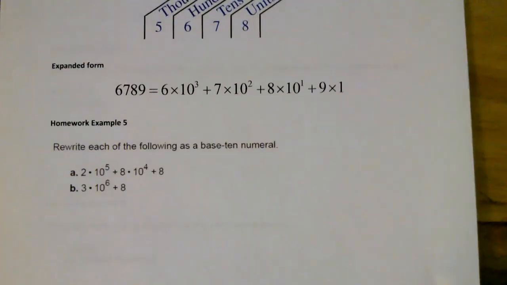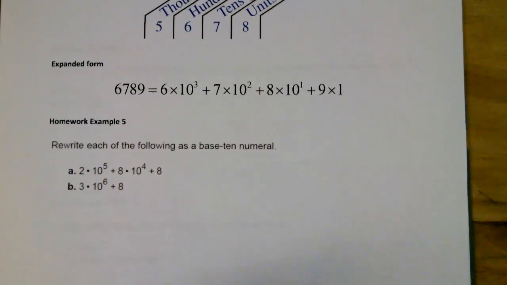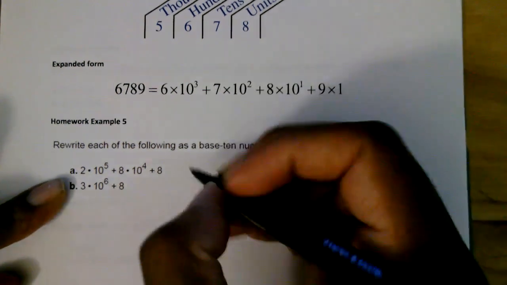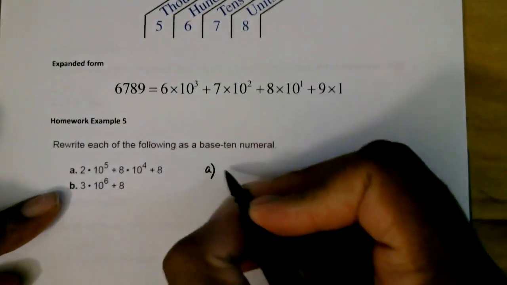So like in this homework example number 5 that I have here, let's say I want to rewrite each of the following as a base 10 numeral. In part A, we've got 2 times 10 to the 5th plus 8 times 10 to the 4th plus 8.